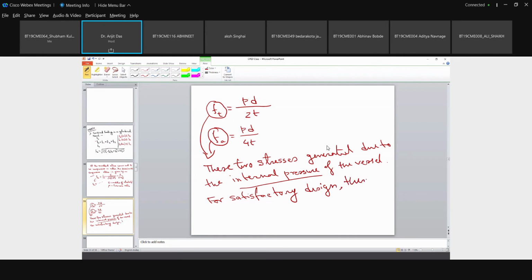These stresses must be withstood by the material of construction of the vessel.